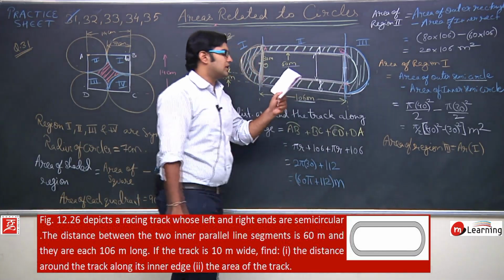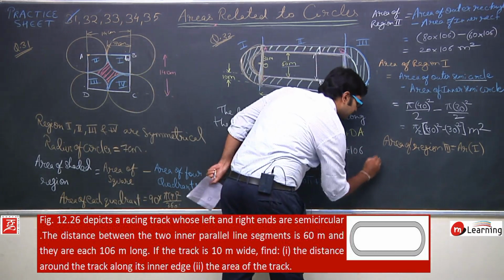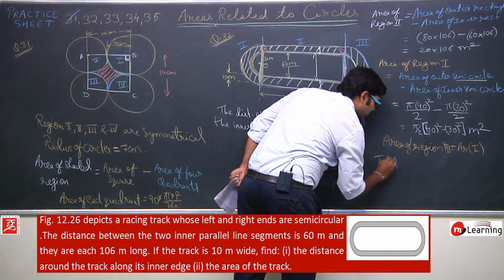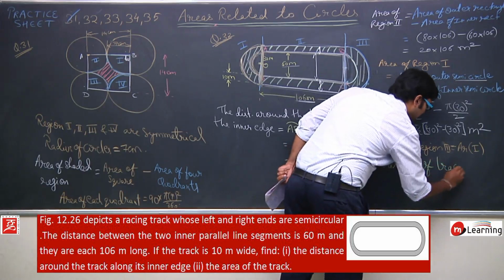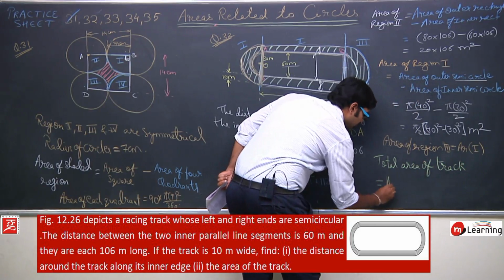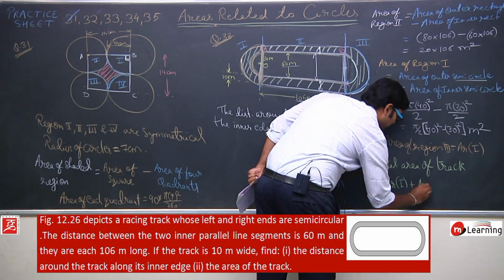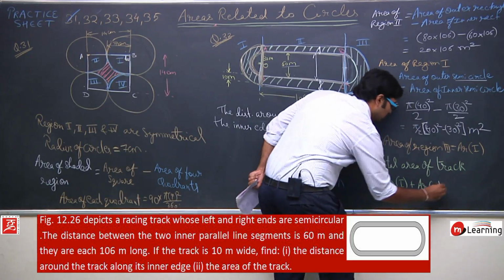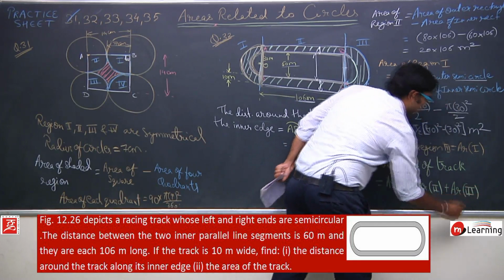So what will be the total area of the track? Total area of the track is area of region 1 plus area of region 2 plus area of region 3.